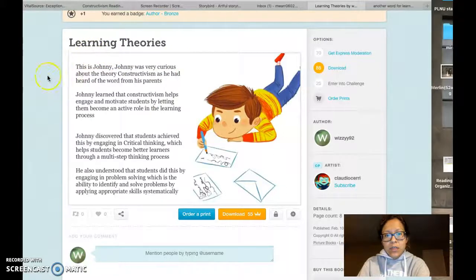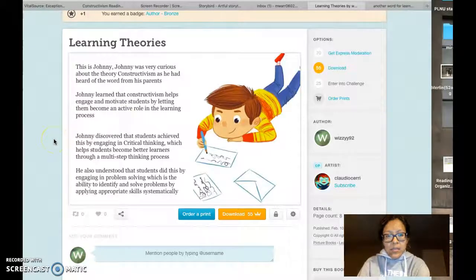It says, this is Johnny. Johnny was very curious about the theory of constructivism as he had heard of the word from his parents. Johnny learned that constructivism helps engage and motivate students by letting them take an active role in the learning process.